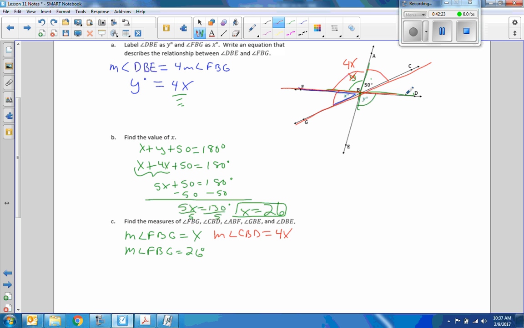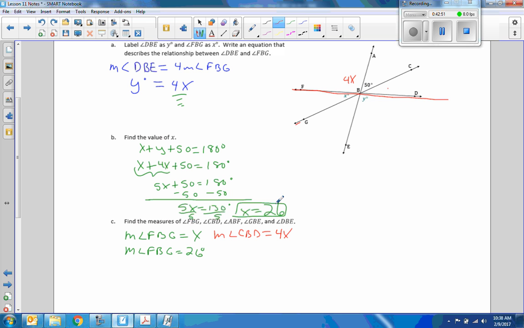I have a straight line here. Get rid of all this first. It's getting messy. Okay, so now they're asking us to find CBD. If I drew this straight line here, I know these three add up to 180 degrees, and this is 4x, and we don't know what this is.